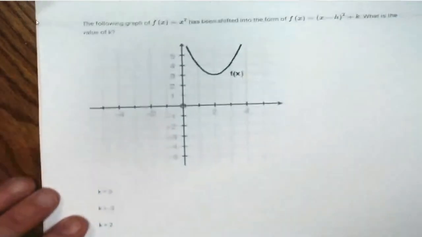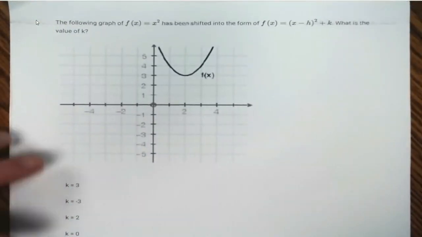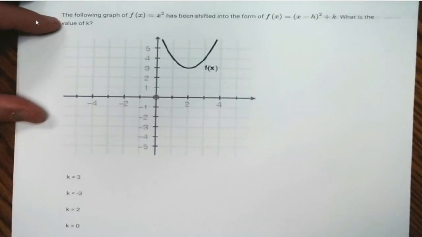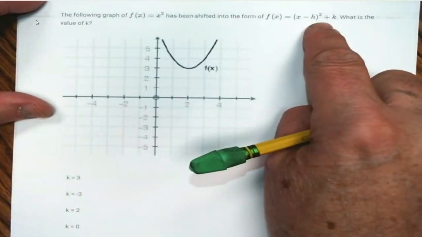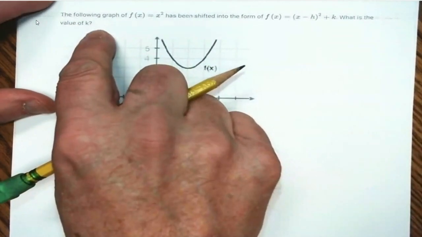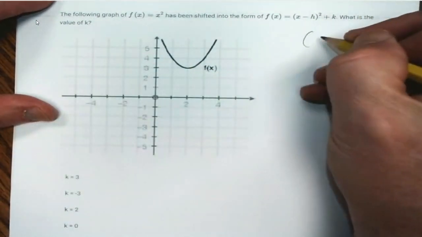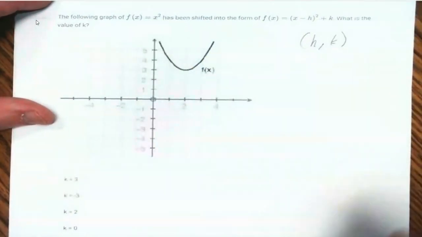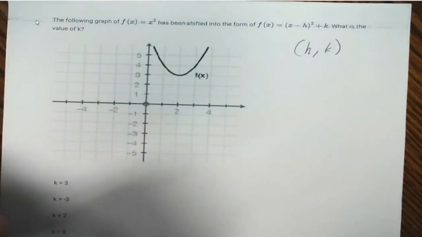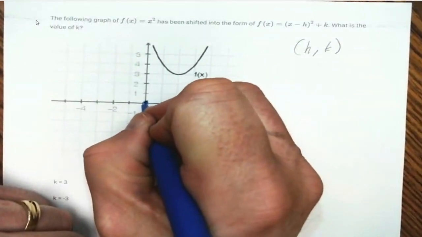All right, we have one problem left. The following graph of f of x equals x squared has been shifted to x minus h squared plus k. What is the value of k? Well, we know the vertex is going to be h, k. We know originally when it's just x squared, the origin was where the vertex was.